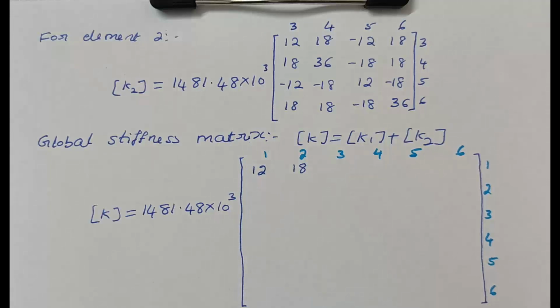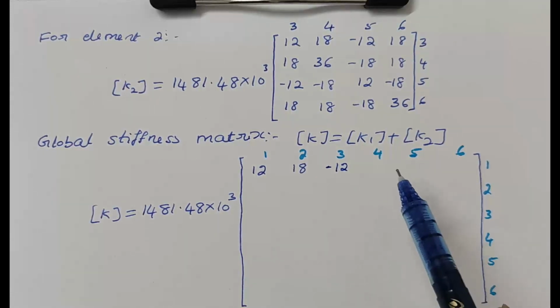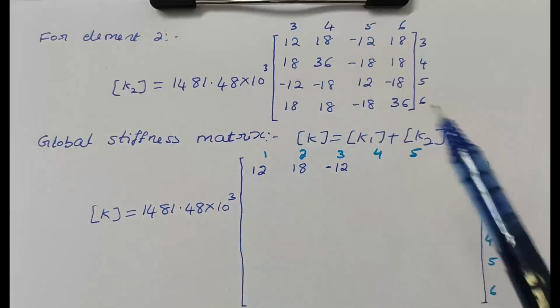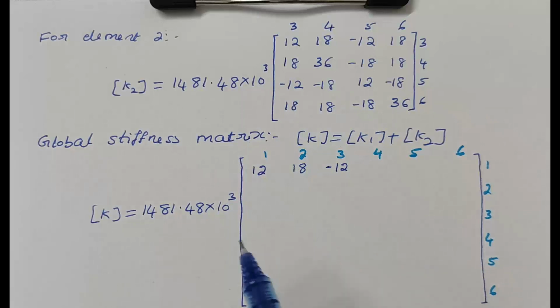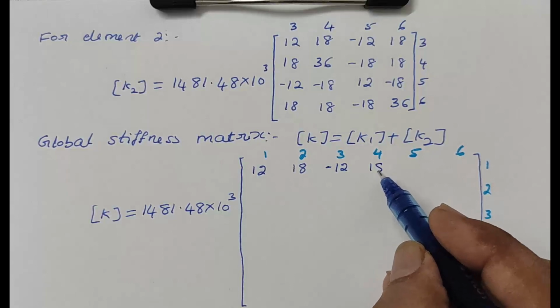Therefore it is minus 12. Next we need element corresponding to 4 and 1. In K1 it is 18. In K2 we don't have any. Therefore it is 18.